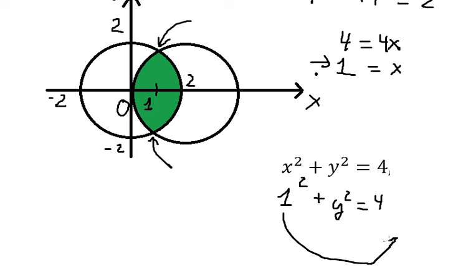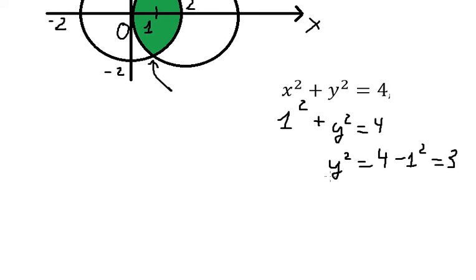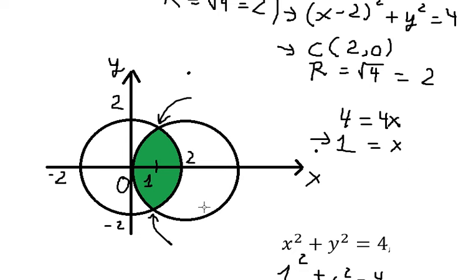So we have y squared equals 4 minus 1 squared, which is 3. We take the square root of both sides, and we have y equals the square root of 3 and y equals negative the square root of 3. So that means this point here and this point here are the square root of 3 and negative the square root of 3.